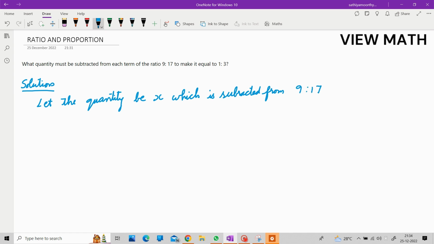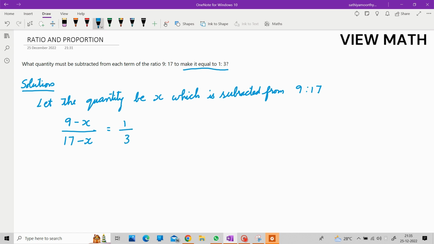The quantity is subtracted from each term, so 9 minus x by 17 minus x. After subtracting, it is given that it is equal to 1 is to 3. So let me equate 9 minus x by 17 minus x is equal to 1 by 3, that is 1 is to 3.